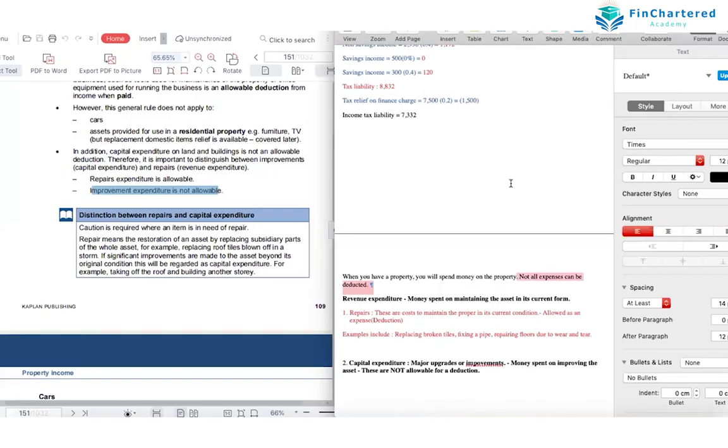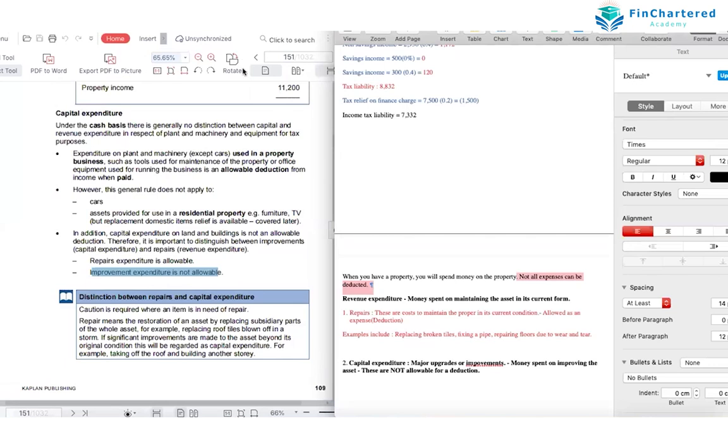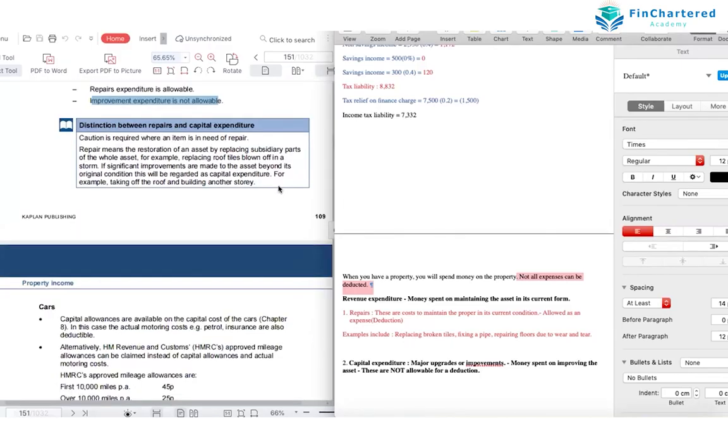Money spent for revenue expenditure can be deducted, but capital expenditure will not be deducted. Guys, is this clear to both of you? Yes.